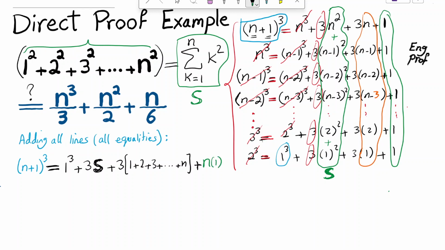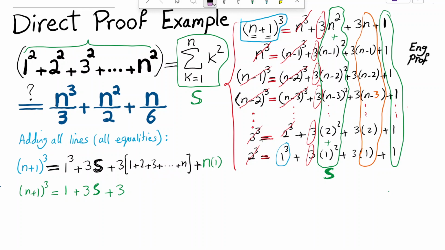So in summary, what I found is, if I expand on this, or if I keep it for now, what I found is (n plus 1) cubed is equal to 1 plus 3 times S plus 3 times, well, this one is pretty well known.